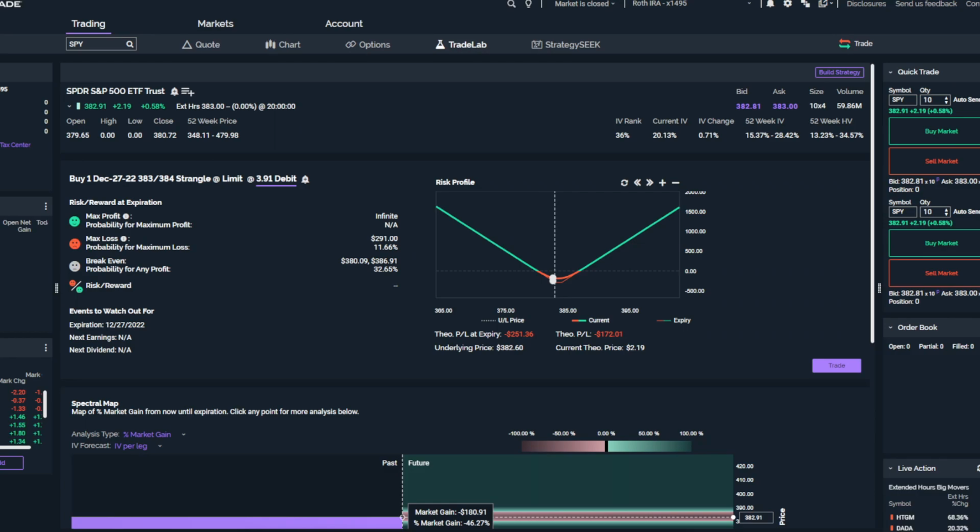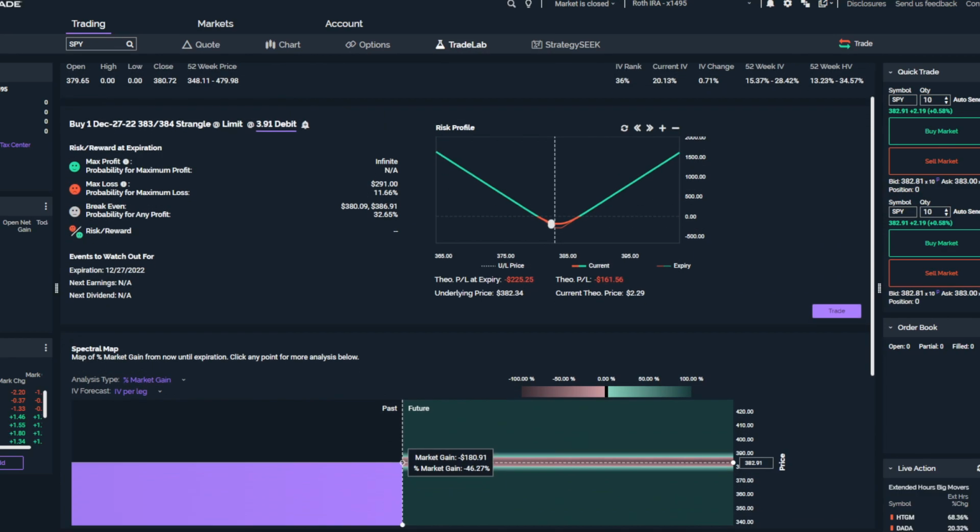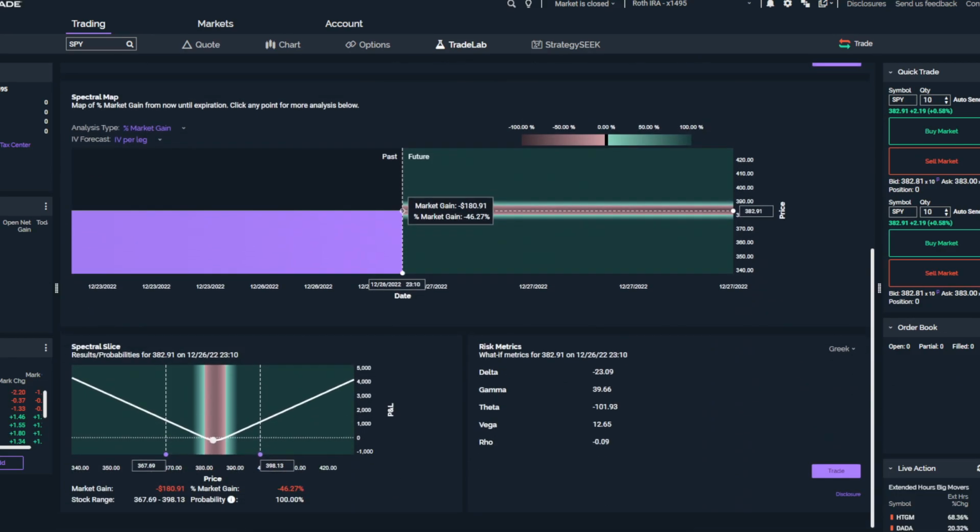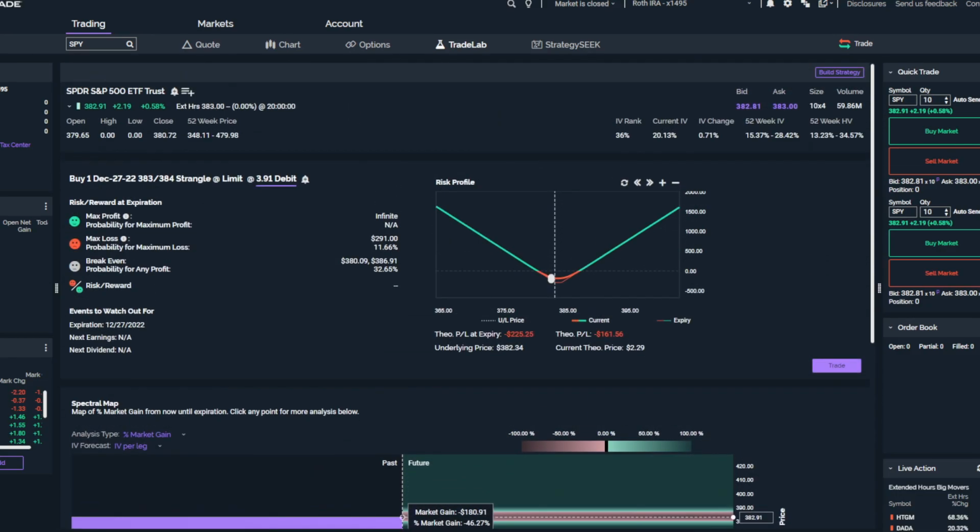Also, if you have an implied volatility crush, so if the implied volatility suddenly starts dropping, that's the other downside risk to a strangle. So you can't really dilly-dally with it. You've got to be quick, and you've got to know when the move is going to happen.